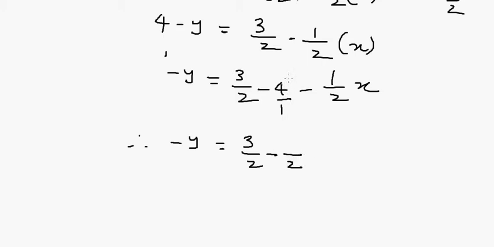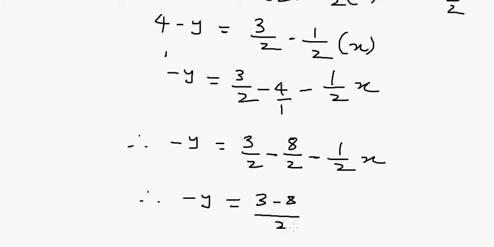And now I have to multiply the numerator as well, so it's gonna be 4 into 2, that is 8. So it's 3 by 2 minus 8 by 2. You can check, 8 by 2 is simply 4. Now minus half into x. So minus y is 3 minus 8 upon 2 minus half x.